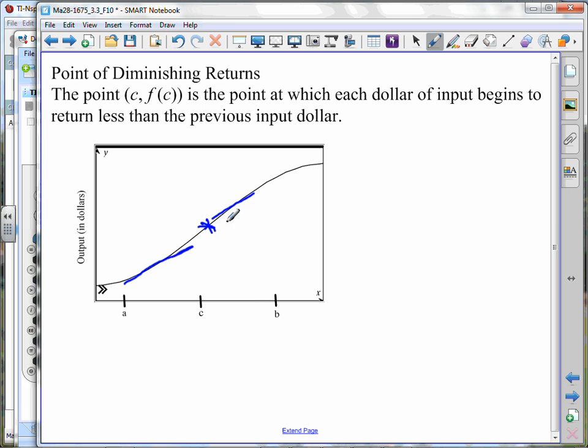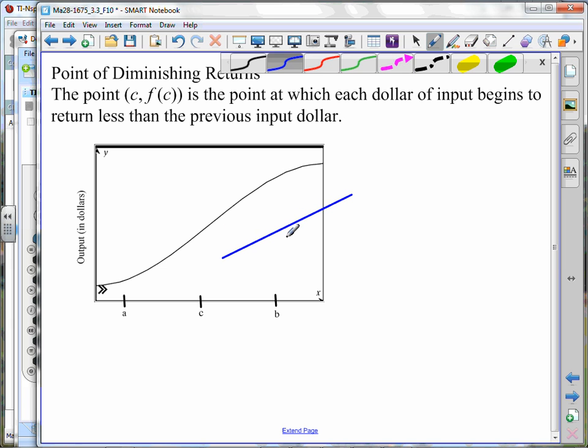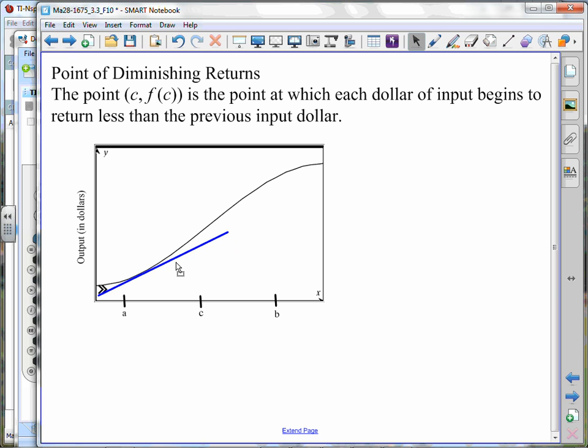If I'm going to draw a tangent line along this curve, let's see if I can get that. Where's my magic marker thing? If I'm going to draw a tangent line, there we go. I'm going to pick up that line and place it here, and then place it up here. What happened to that tangent line?